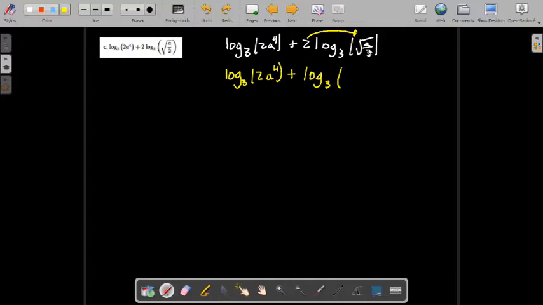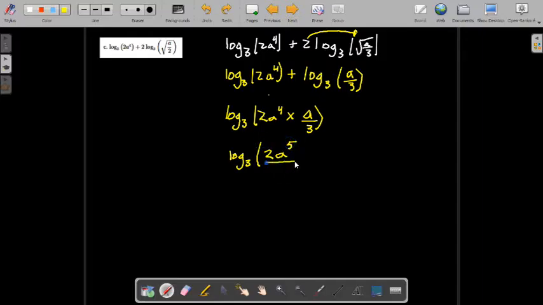And if I do that, I'm basically squaring everything inside there. Square root and squared cancel out each other. And once I've done that, I can use my third law, log 3, and they're adding, so I go log 3, and it'll be 2a to the 4 times a over 3. And just simplifying a little bit, we get 2a to the 5 over 3.